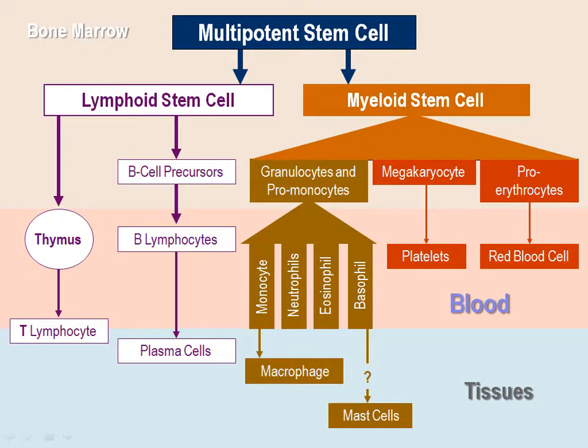Myeloid stem cells in the bone marrow can produce granulocytes and pro-monocytes, megakaryocytes, and pro-erythrocytes. Products of granulocytes and pro-monocytes in the blood include monocytes, neutrophils, eosinophils, and basophils.